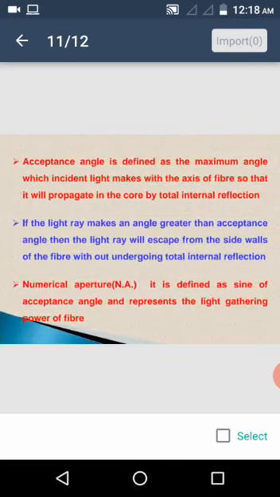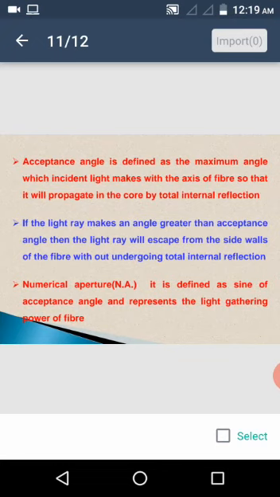Suppose the light ray makes an angle greater than the acceptance angle, then the light ray will escape from the side walls of the optical fiber without undergoing total internal reflection. So always the angle of incidence must be less than or equal to the acceptance angle. Then only the light propagates through the optical fiber from one end to another end.